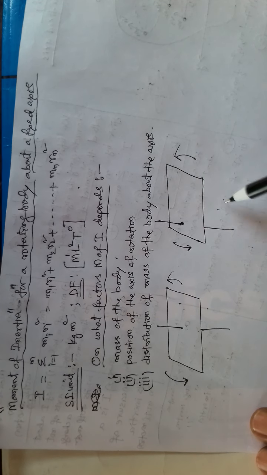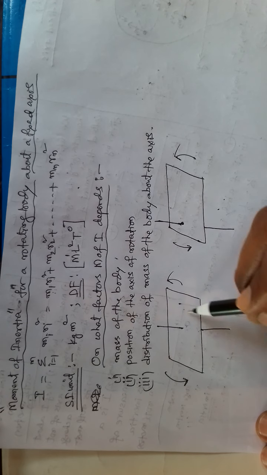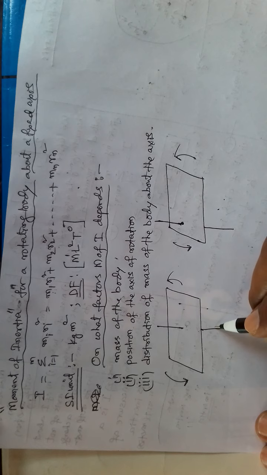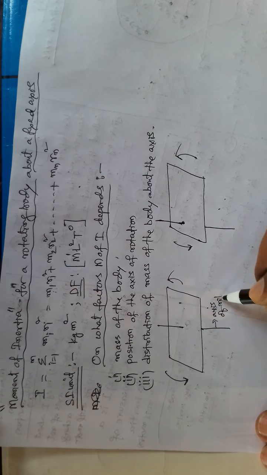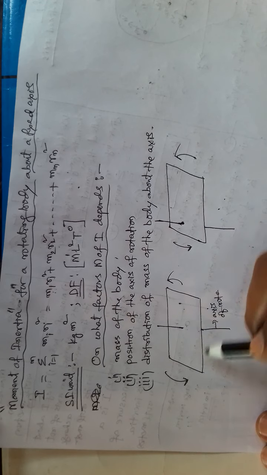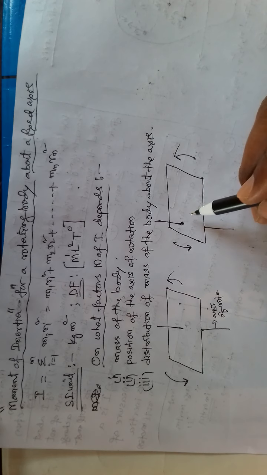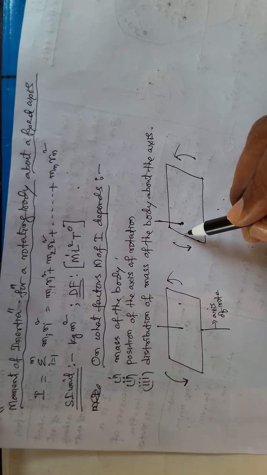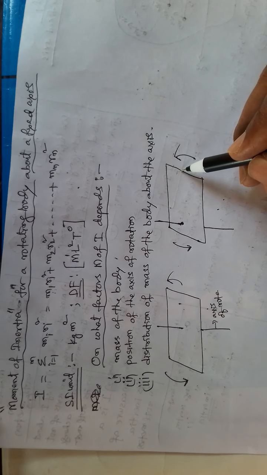The reason is here mass is equally distributed around the axis of rotation. This is the axis of rotation. All the particles are at equal distances around the axis. But here on one side mass is less, on the other side mass is more.